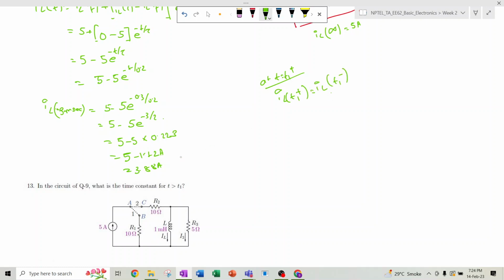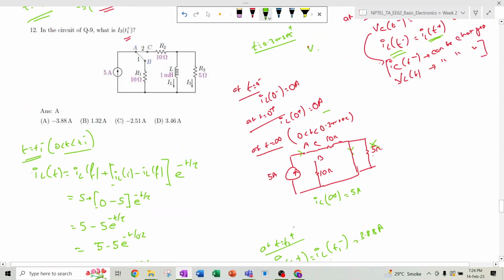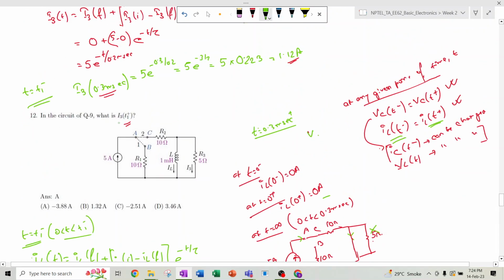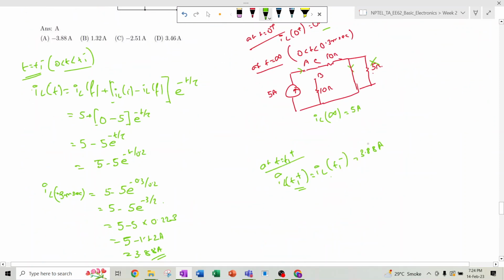So IL t1 minus is nothing but 3.88 ampere, so IL t1 plus is 3.88 ampere. Here we need to find out I3 at t1 plus.